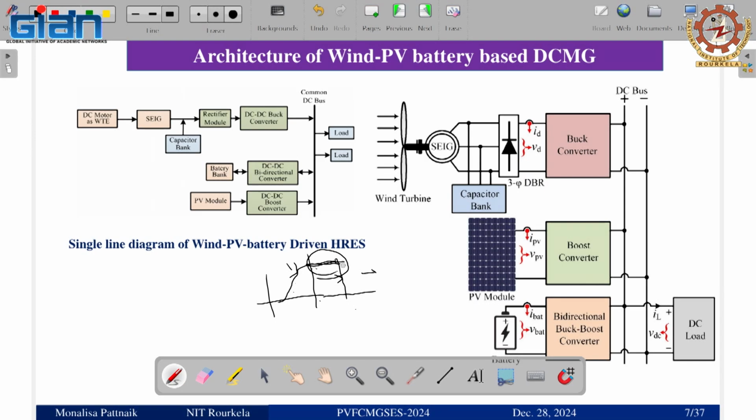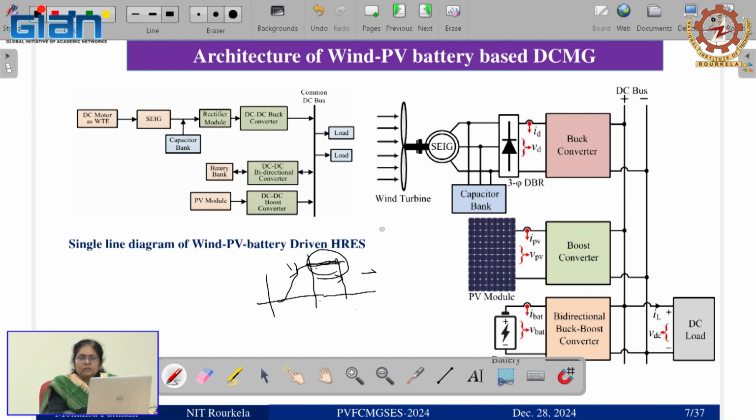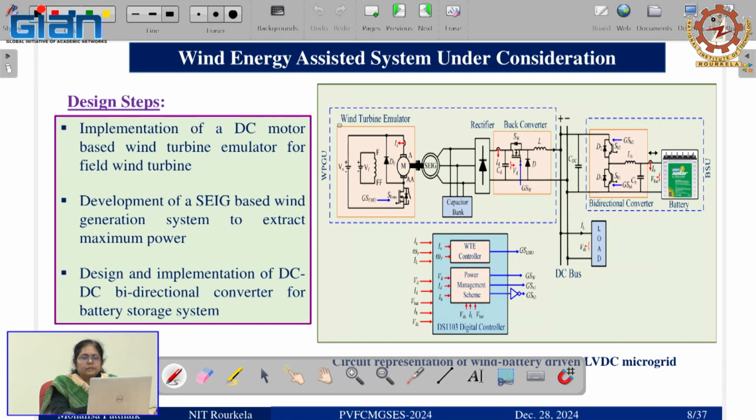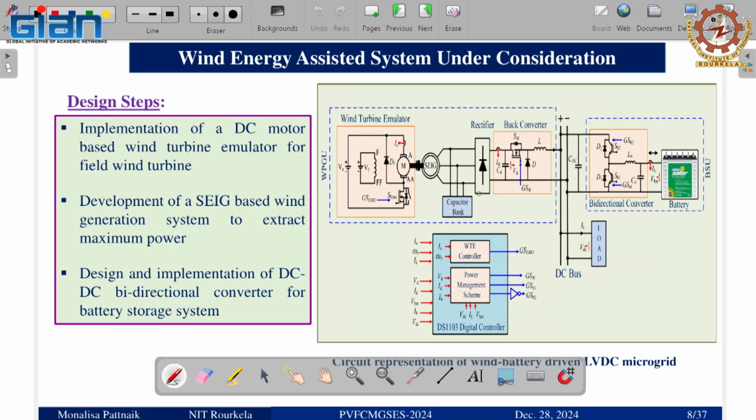Okay, so this is how we are going to implement the wind energy conversion system or wind power generation system, WPGS or WECS, whatever you want to say. So again, this is a detailed view. In terms of block diagram I have shown.